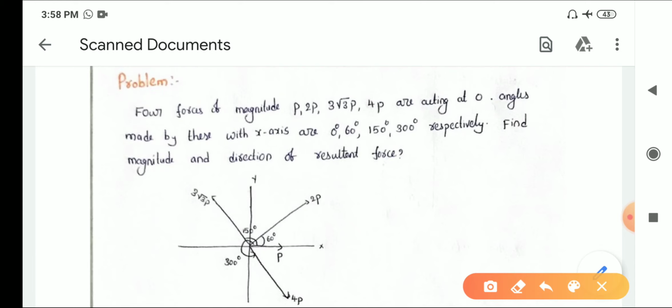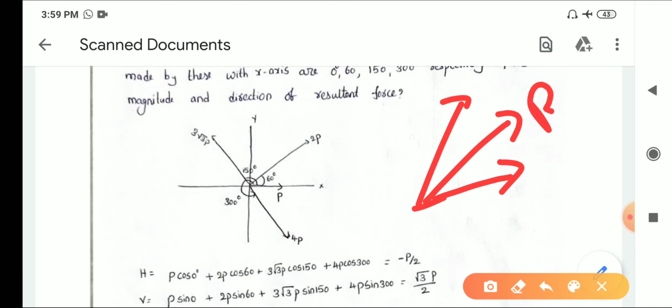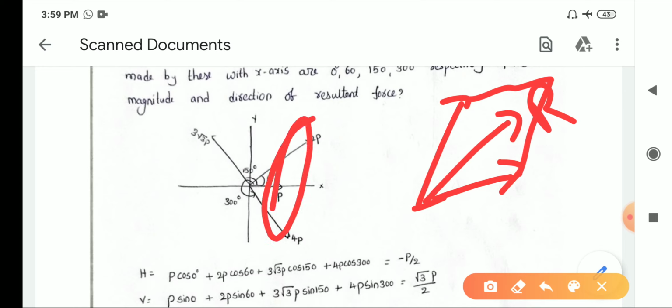Find the magnitude and direction of the resultant force. Okay, if there are two forces, you can easily find the resultant of these two forces by using the parallelogram law, right? But here there are more forces. How to solve this? There is another method. You can solve these two forces combined and find a resultant.